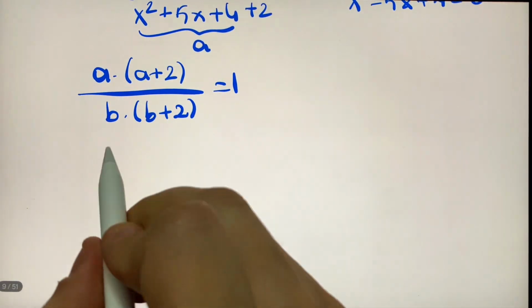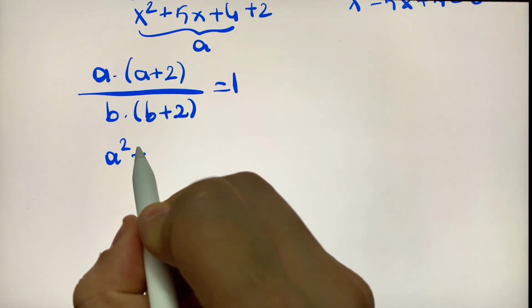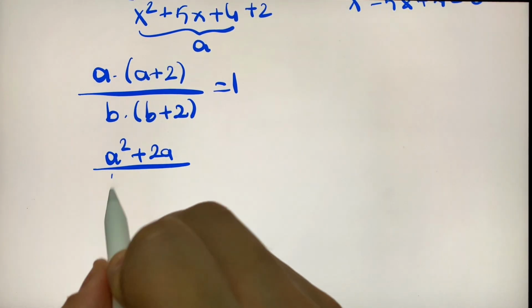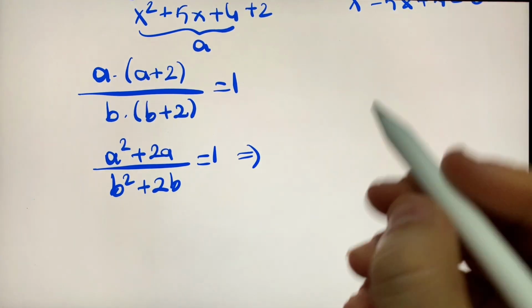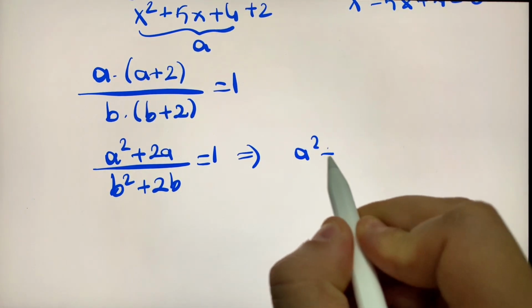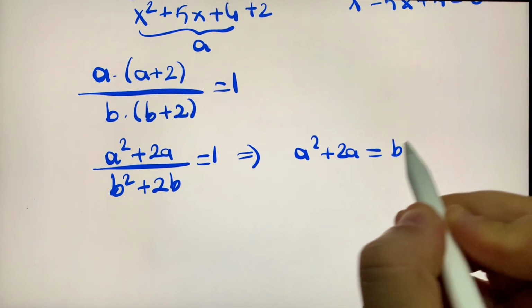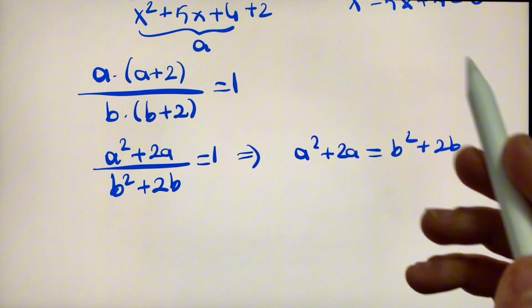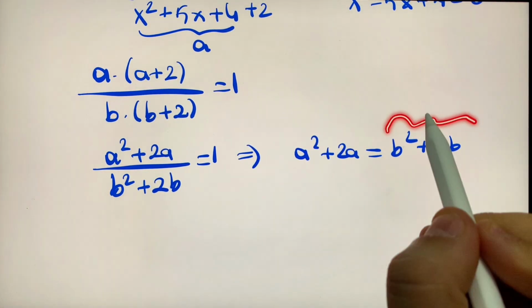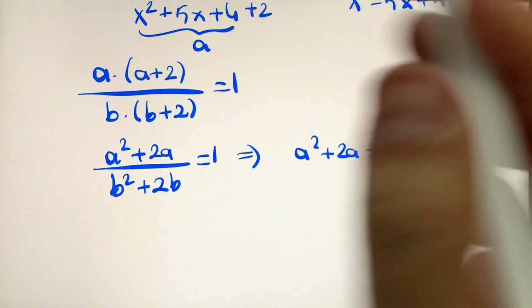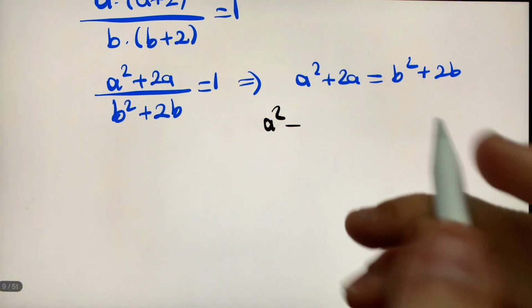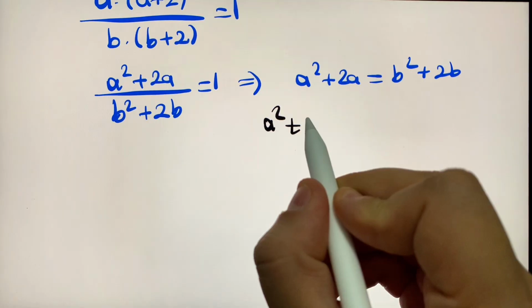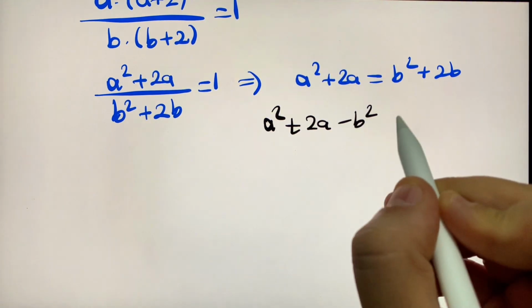If I do these multiplication operations, a squared plus 2a over b squared plus 2b is equal to 1. What can I say here? a squared plus 2a is equal to b squared plus 2b. If we move everything across, a squared plus 2a minus b squared minus 2b is equal to 0.